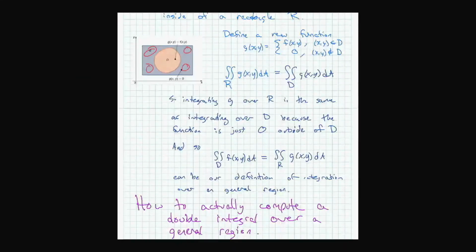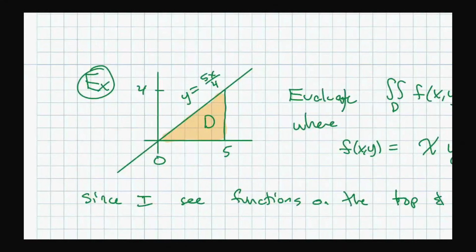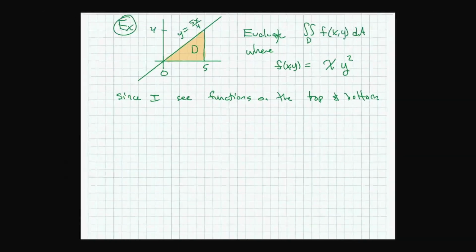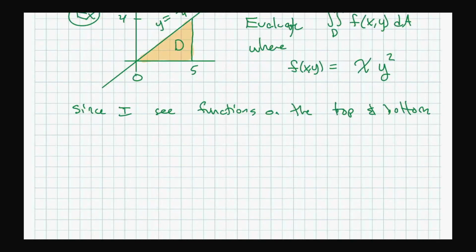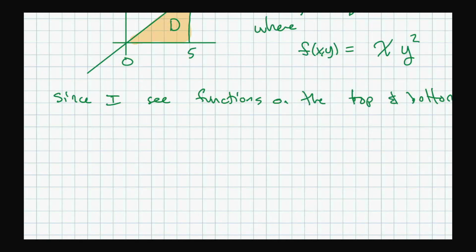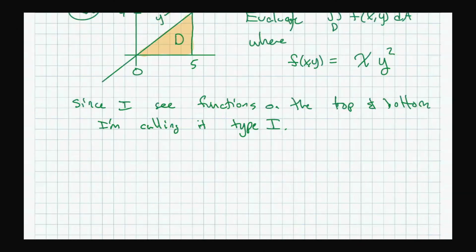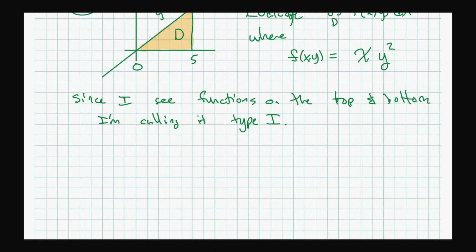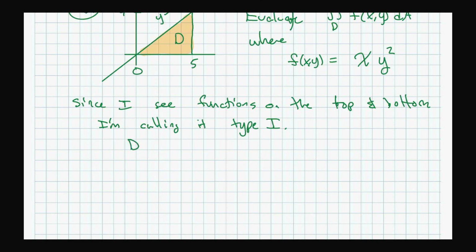And this one, I'm thinking top and bottom. Also, it's listed as a y function. So if I wanted to treat it like a type 2 integral, I'd have to solve for x, and I don't want to solve for x. So I'm going to do it as a type 1. Did I say type 2? Type 1. Okay.